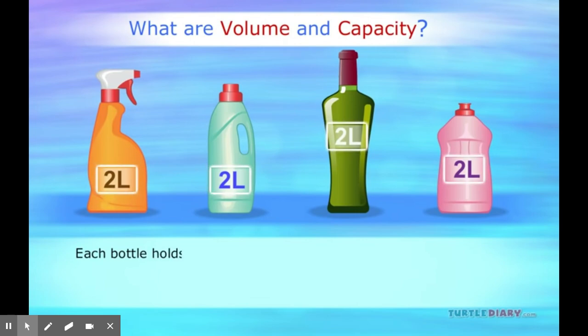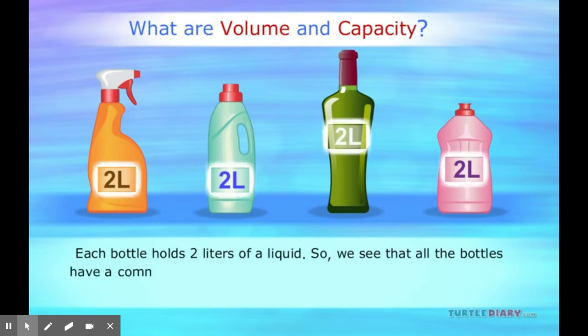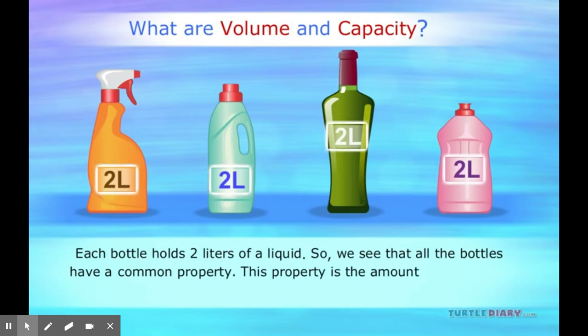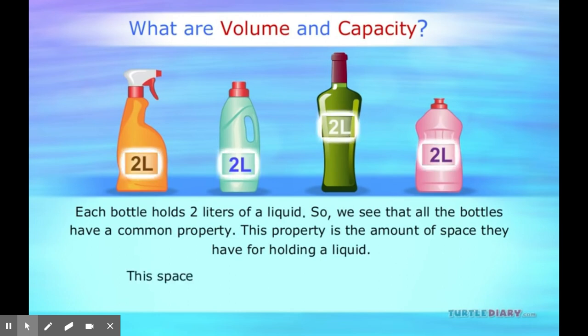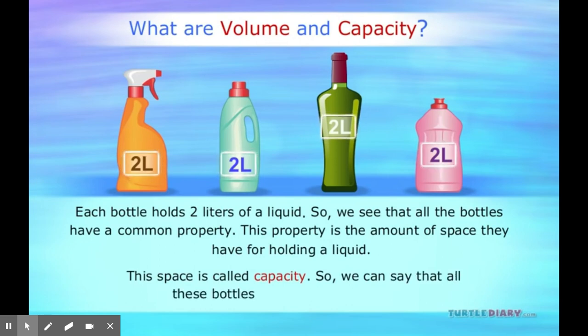Each bottle holds 2 liters of a liquid. So, we see that all the bottles have a common property. This property is the amount of space they have for holding a liquid. This space is called capacity. So, we can say that all these bottles have the same capacity.